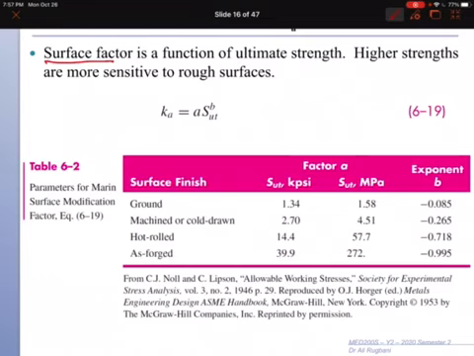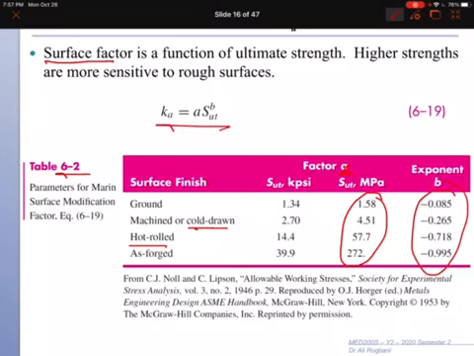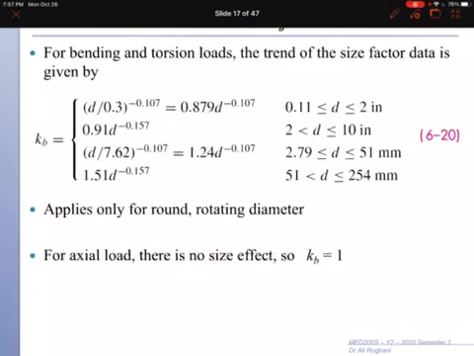So from that information you can calculate surface factor from this table 6.2. So cold drawn material is given here, hot rolled material is given here. This gives you factor A, reading for factor A, and exponent B. Can use these to calculate surface factor.